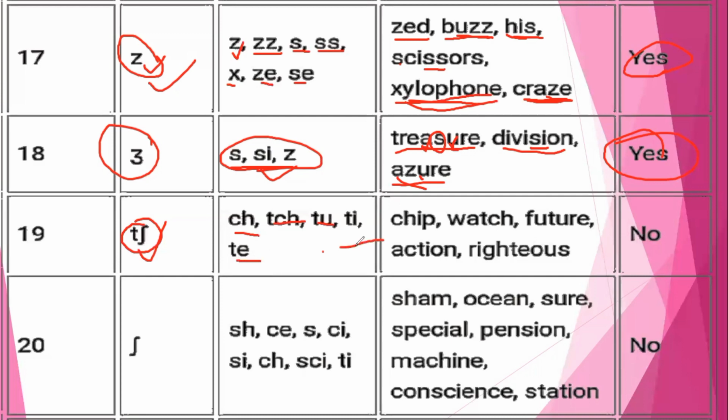If these graphemes are used in the words, they are pronounced cha. For example, chip, cha in chip. Watch, watch. Future, future.